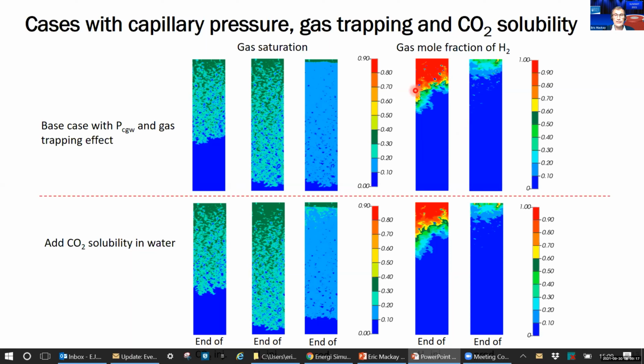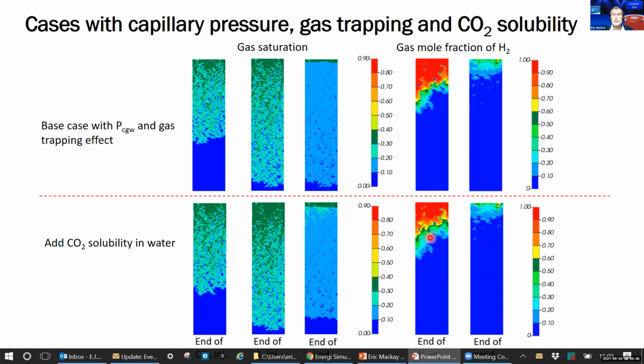Gang then repeated these calculations, but this time, in the top calculations, the CO2 is not soluble in water. In the bottom ones, the CO2 is soluble in water. The first thing he identified was that you would need to increase the volume of CO2 injected to maintain the same total gas volume in the system, because we now have loss of CO2 from the gaseous phase to the aqueous phase.